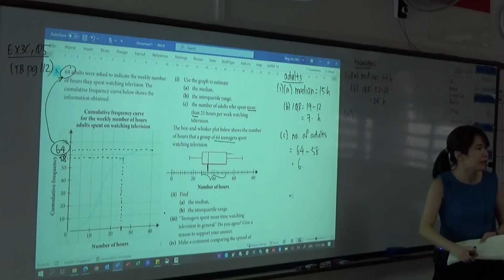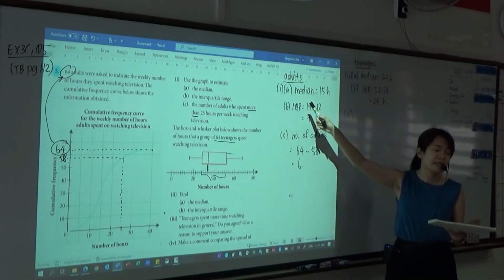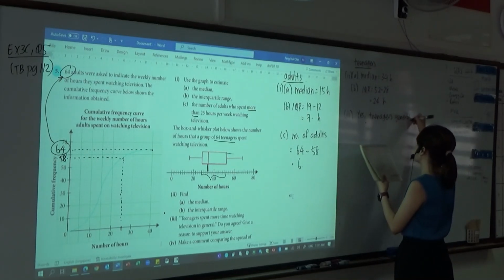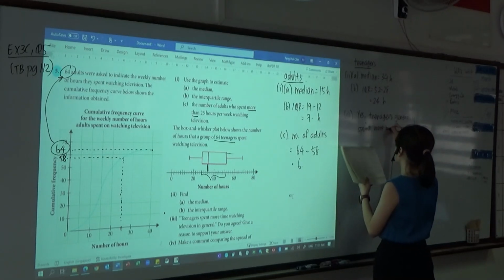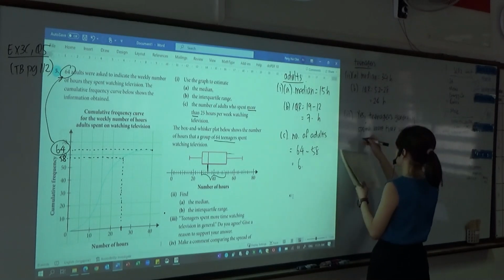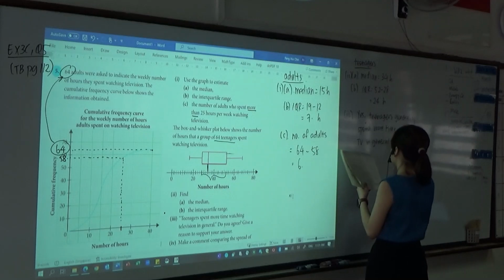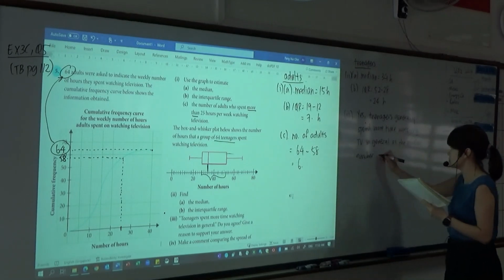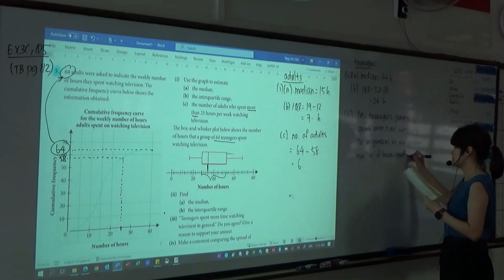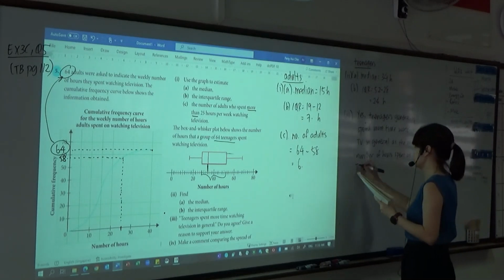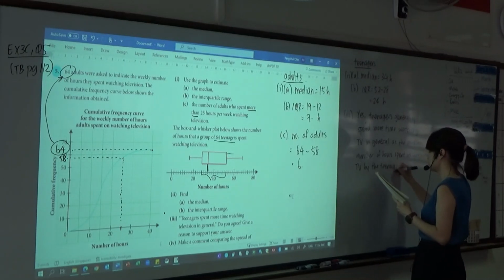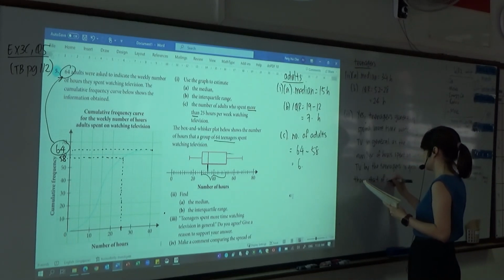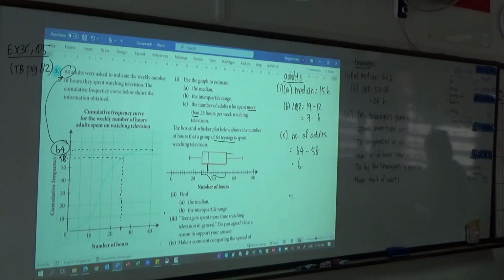Yes, but then you need to give a reason, and the reason we give is that the median value here is greater than the median value for adults. Our conclusion for part 3.